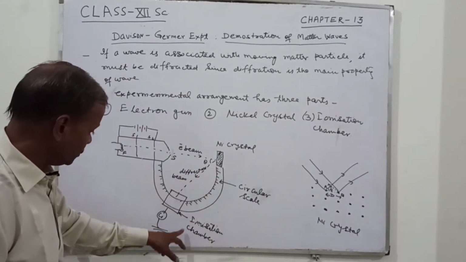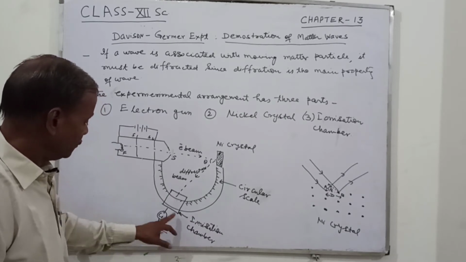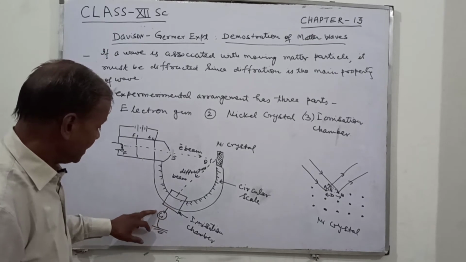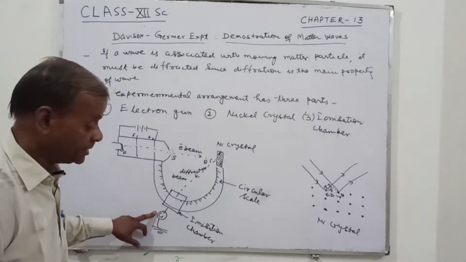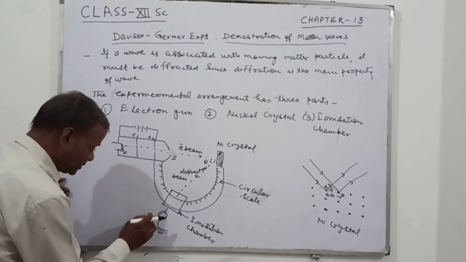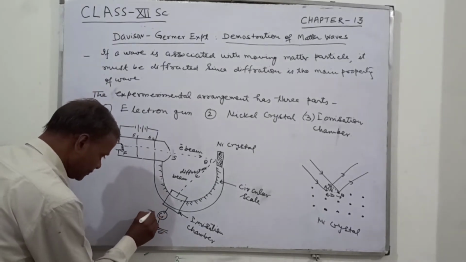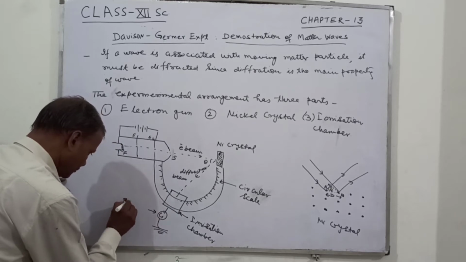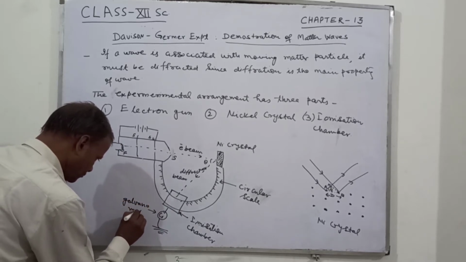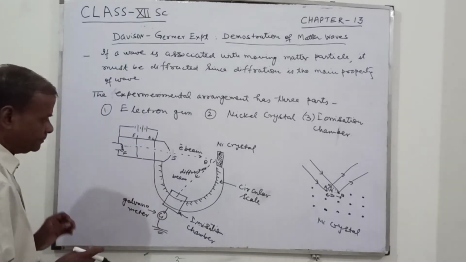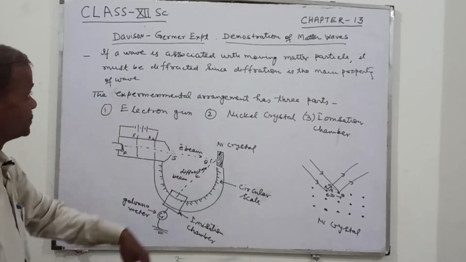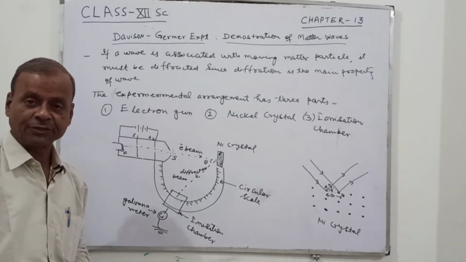The diffracted beam goes to the ionization chamber, which ionizes the gas, and because of ionization a current is produced, which is measured by this galvanometer. So this is the practical arrangement of the Davisson-Germer experiment.